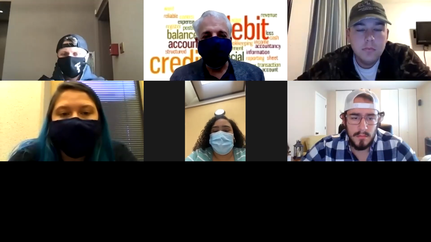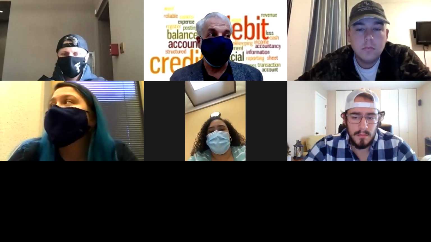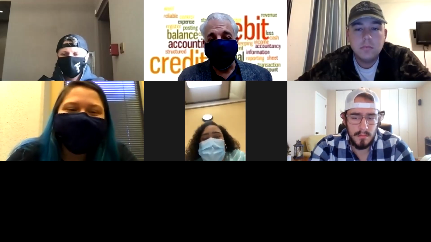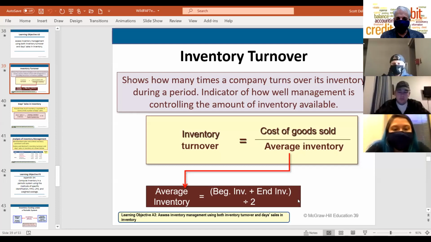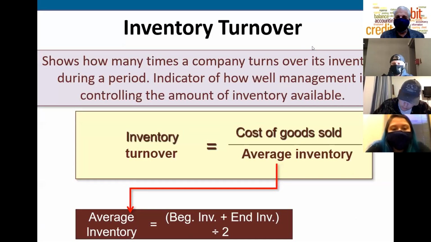Okay, the last thing I want to touch upon, I had a question at the beginning of class about calculating inventory turnover. With inventory turns, I'm going to share my screen. With inventory turnover, there's one trick that you've got to be aware of, and that is using the average inventory.